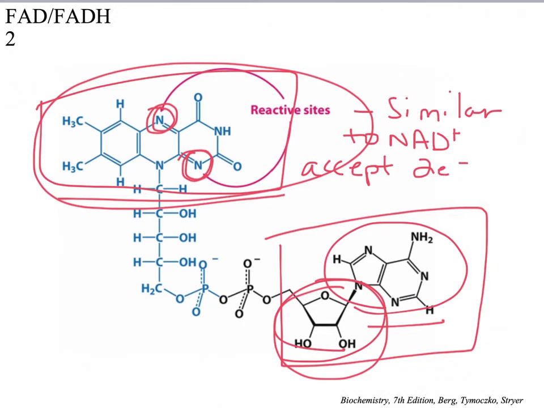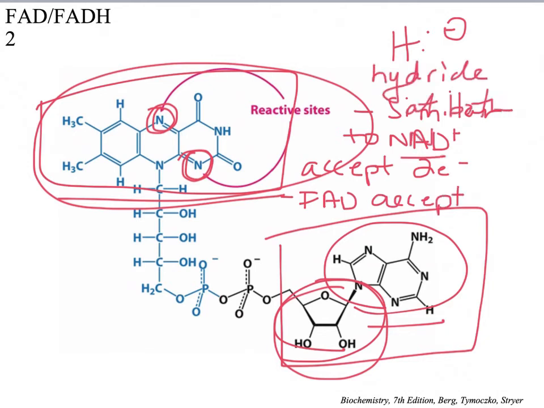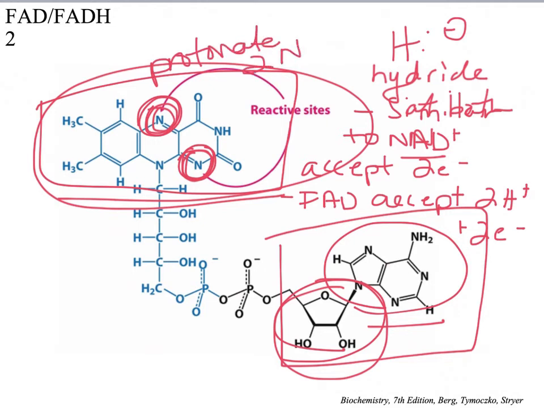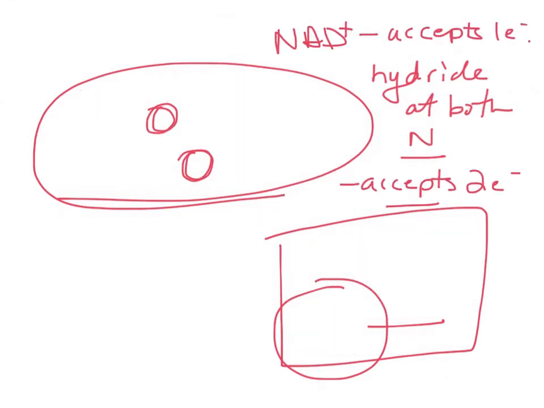But instead of accepting them in the form of a hydride anion, FAD will accept them as 2 protons accompanied by 2 electrons. So that we're going to protonate the 2 nitrogens. I do need to add a correction.